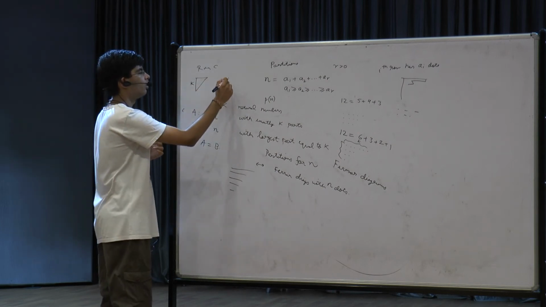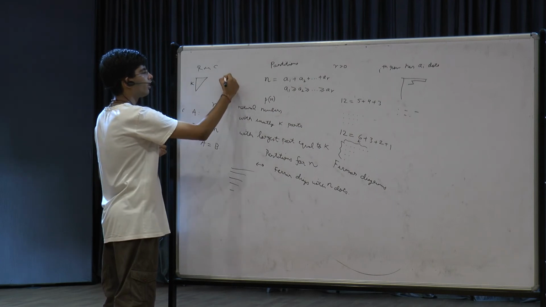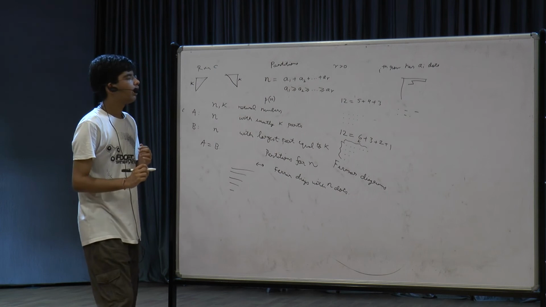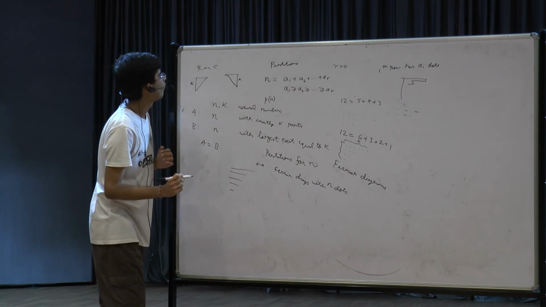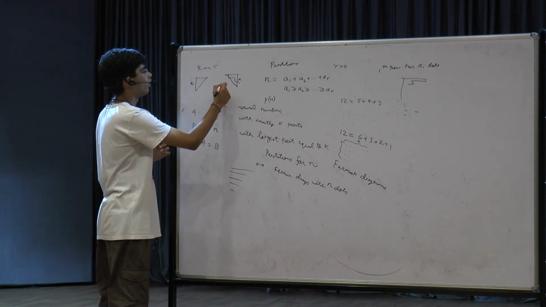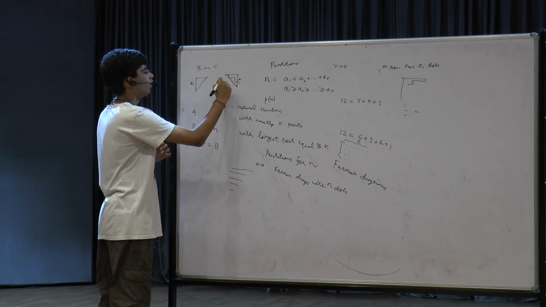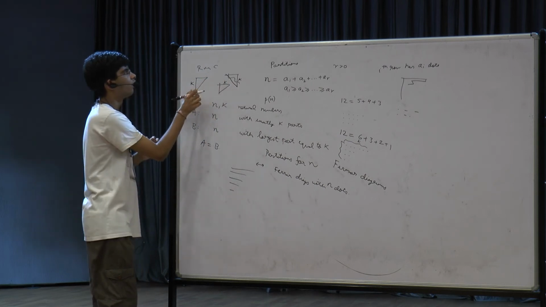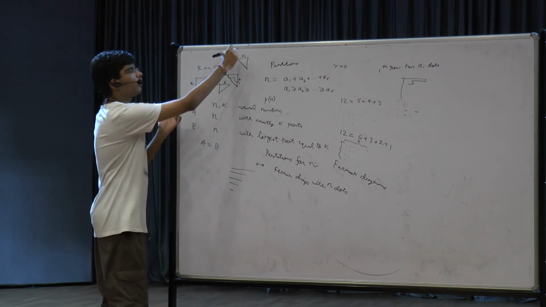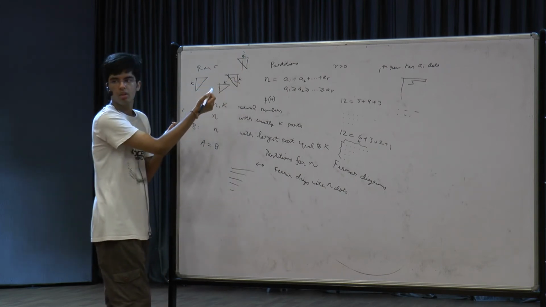Now we rotate it like this. So we have k rows here, and then we reflect it along the central line.